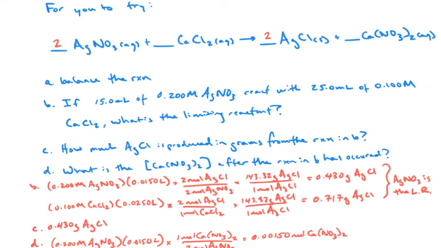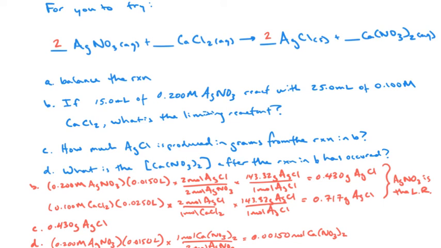D, we're going to take our limiting reactant, the AgNO3, molarity times volume, to get moles of AgNO3, and then to figure out how many moles of CaNO3, use my mole ratio, 1/2, and I get 0.00150 moles of CaNO3. I need the volume for a molarity equation. I need the moles, which I have, and then the volume.